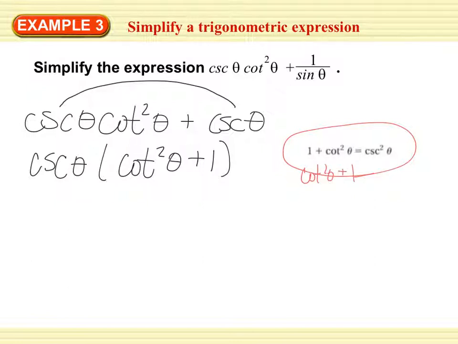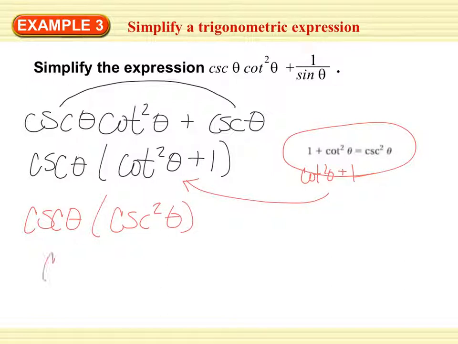I can flip those. What you see is the same as that right there. So cosecant theta, I can substitute cotangent squared theta plus 1 for cosecant squared theta, and that simplifies to 3 of those buggers. Cosecant cubed theta, just like a big puzzle.